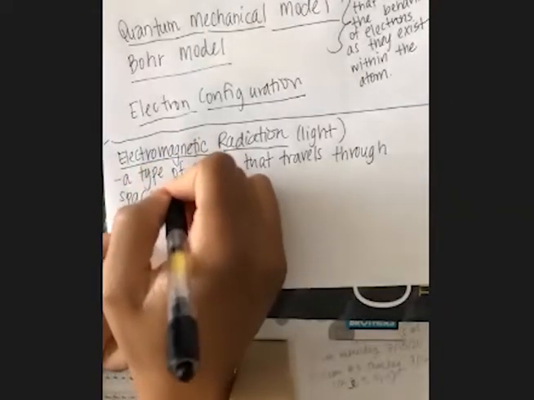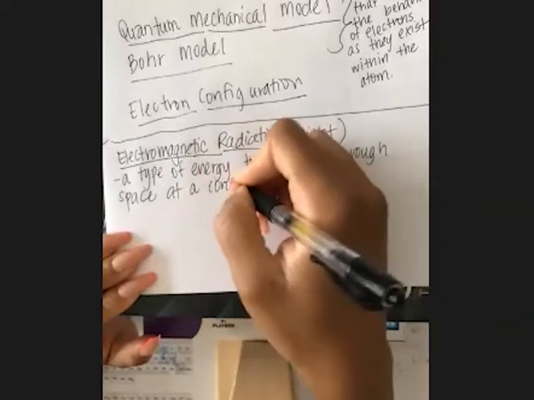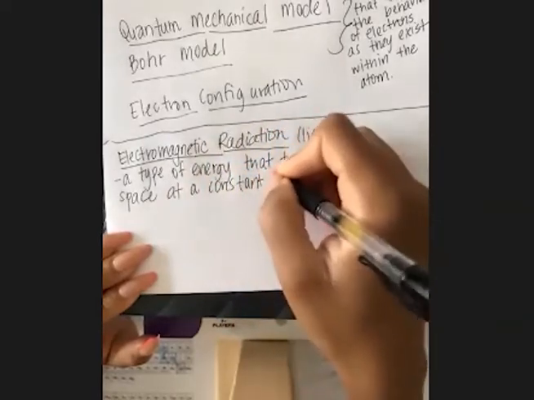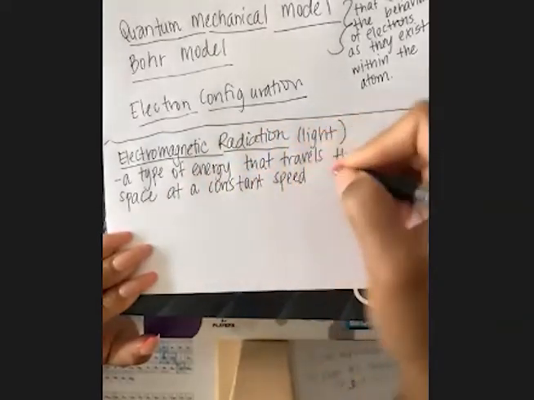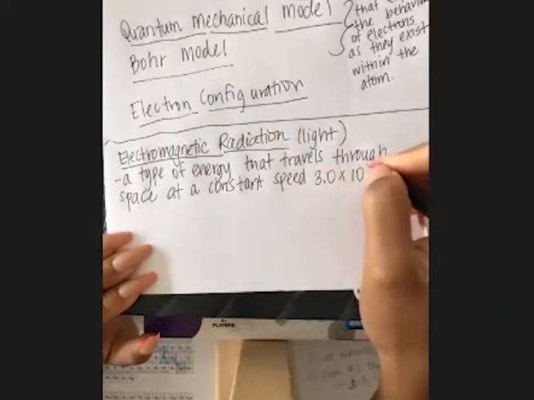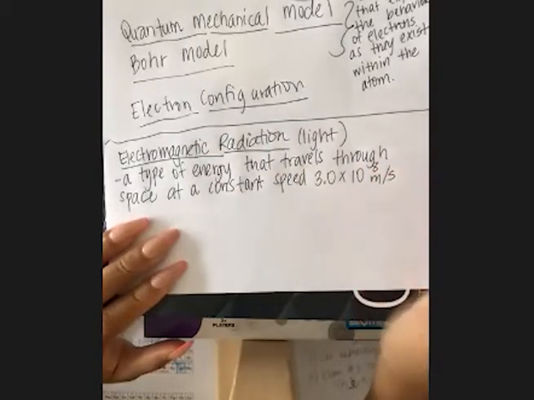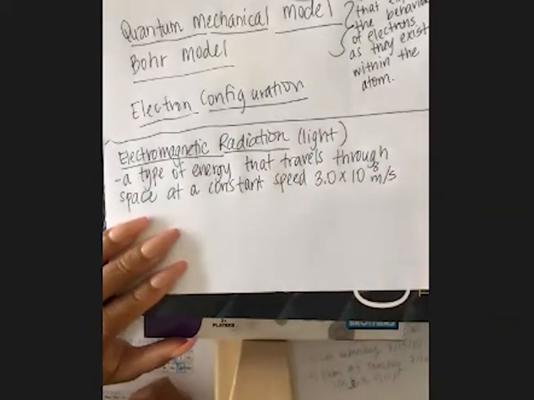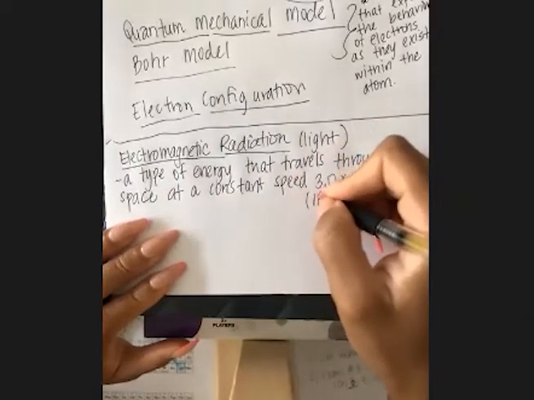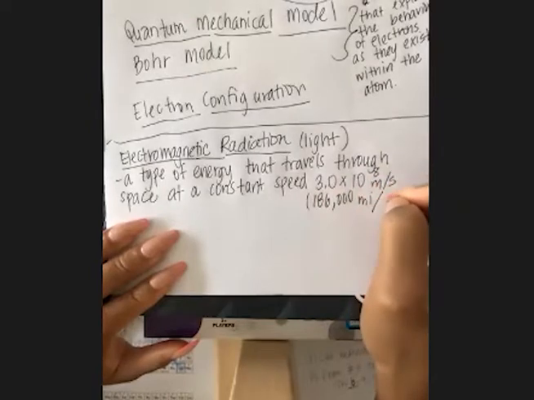at a constant speed of 3.0 times 10 to the power of 8 meters per second. And we call this the speed of light. Another way we can say it is 186,000 miles per second.